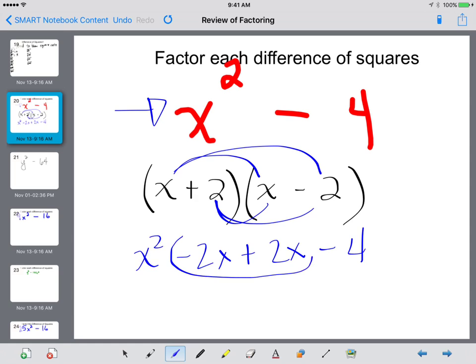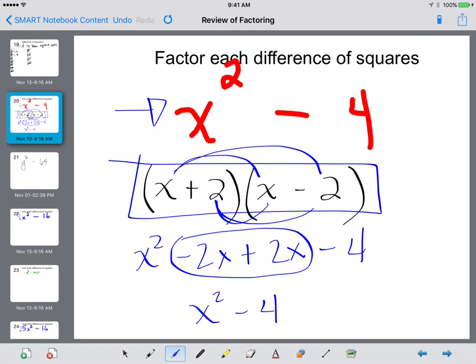Notice how the middle terms will cancel out, and we're left with x squared minus 4. That is why factoring our difference of squares like this works.